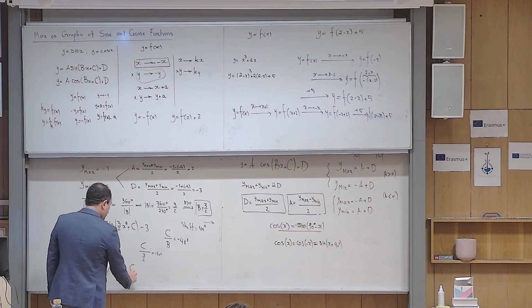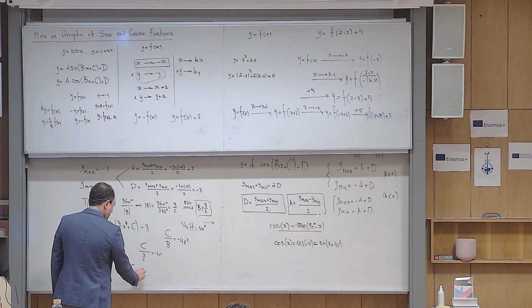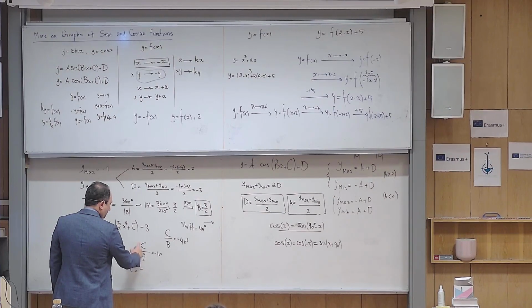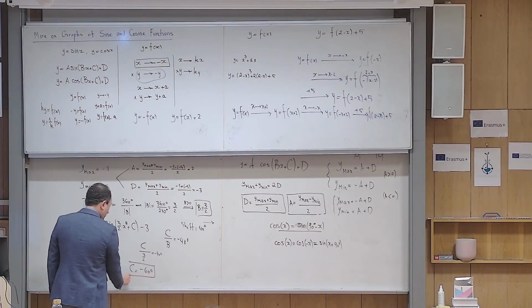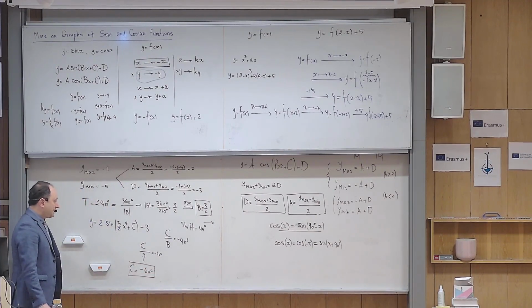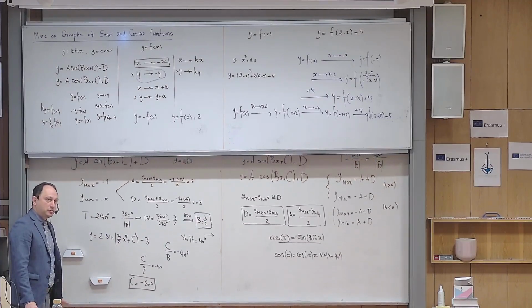So C becomes minus 80 degrees divided by... Am I right? No. The 2 cancel, minus 60 degrees. This is at least one possible answer.